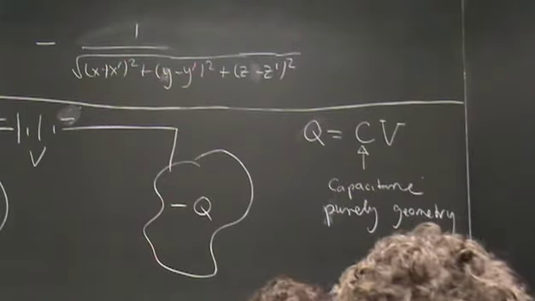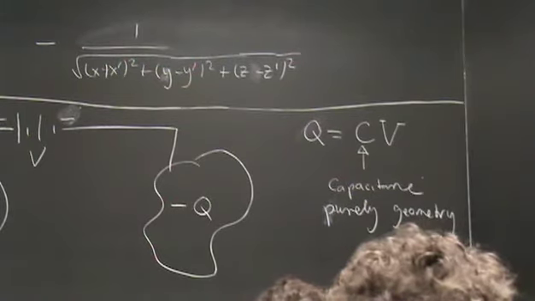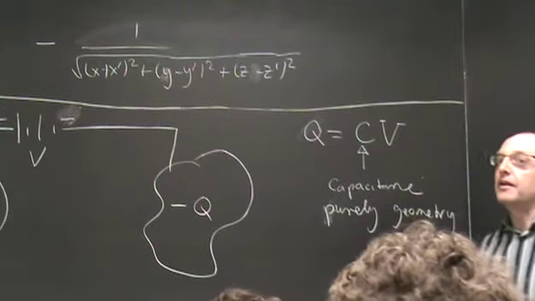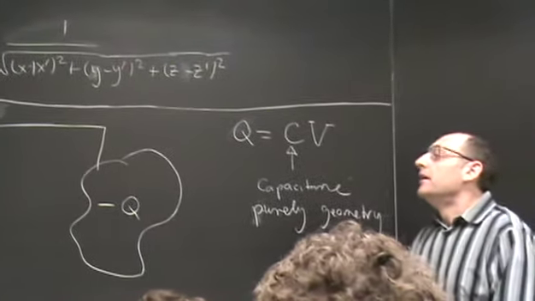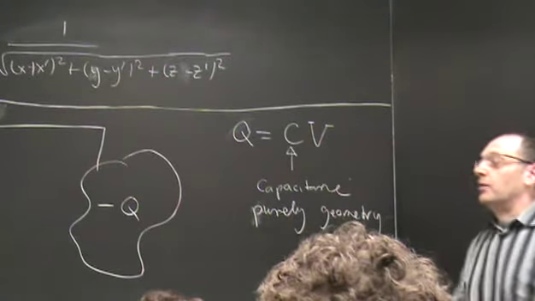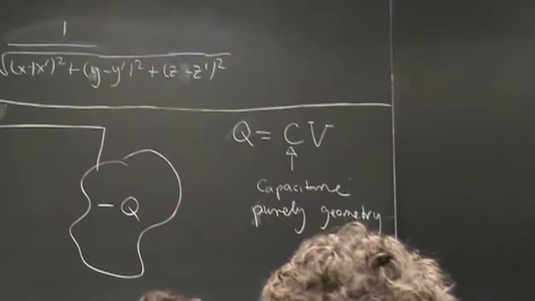So the capacitance is a property of the geometry of the conductors, and the geometry alone. So, how do you calculate capacitance?